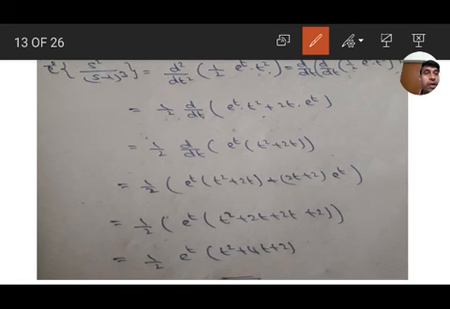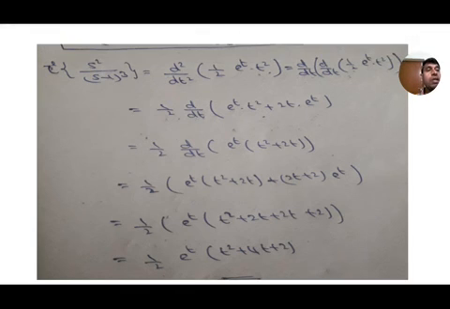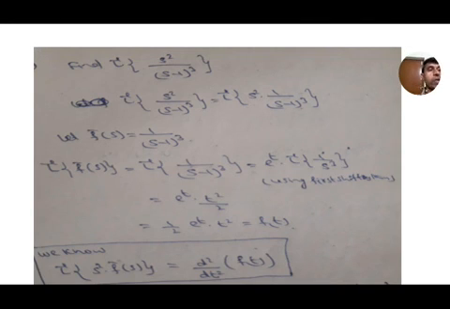Here we are doing a derivative. Since s square is there, we have to take the derivative 2 times. We have the formula: L inverse of s square into f bar s equals d square by dt square of f of t. Here f bar s equals 1 by (s minus 1) whole cube.